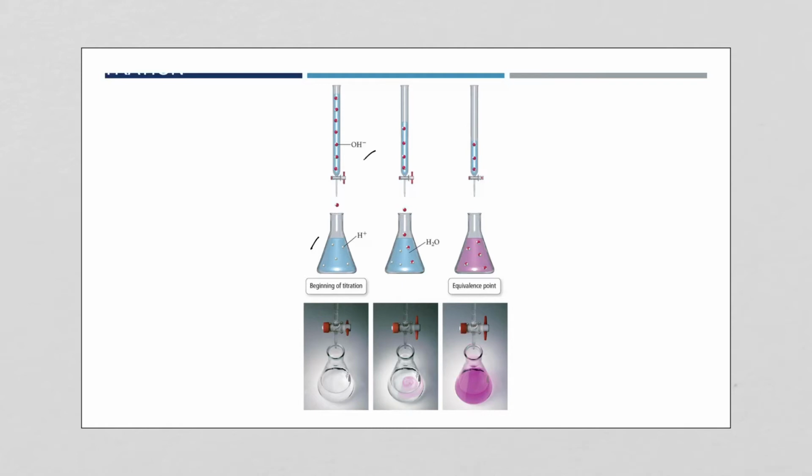And so initially, right, we can start to see just little bits of pink, right? And then it typically would go away with stirring. Now, once you reach, quote, the equivalence point, right, where the acid and the base have been neutralized, we're going to see that color change where the solution goes from colorless to a nice pink color.